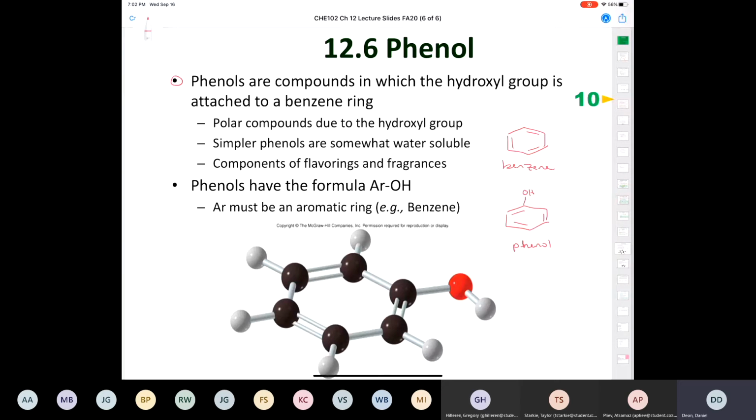Anyhow, it says here that phenols are compounds in which the hydroxyl group is attached to a benzene ring. They're polar compounds. Why? Because they have a hydroxyl group. I told you earlier on this evening when we talked about electronegativity that oxygen is more electronegative than carbon, and so we have a dipole going this way, and we have a dipole going that way.